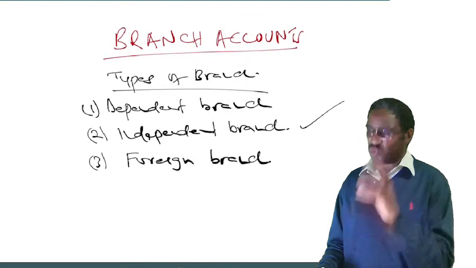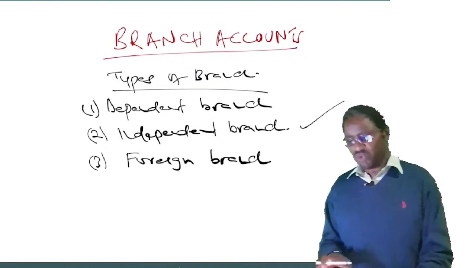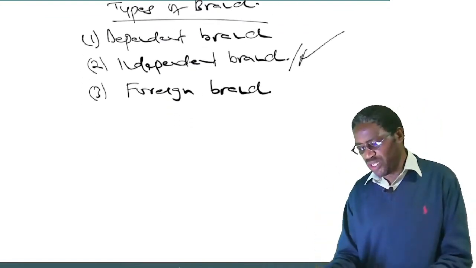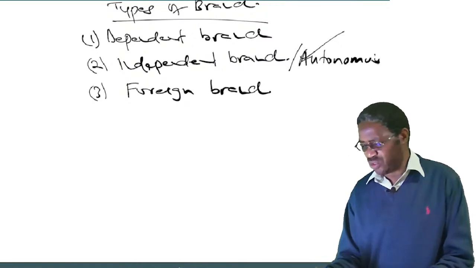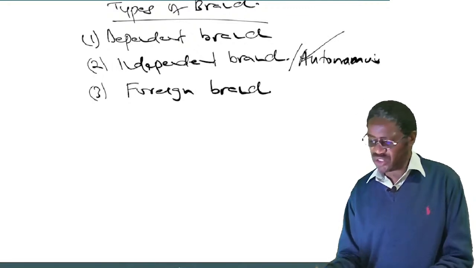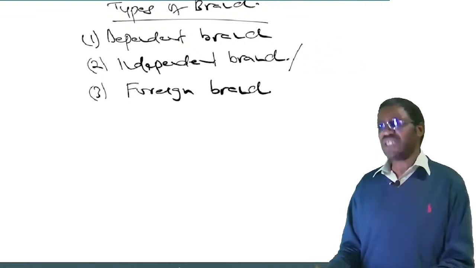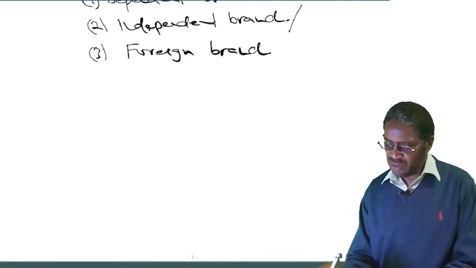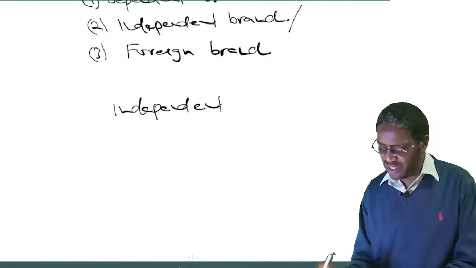So that's what I'm going to cover as per your new syllabus. They require that you know how to deal with independent branch. We also call them autonomous branch. So let me introduce this area of independent branch.